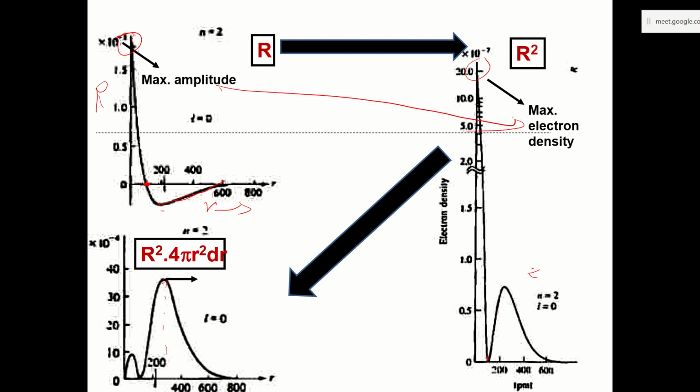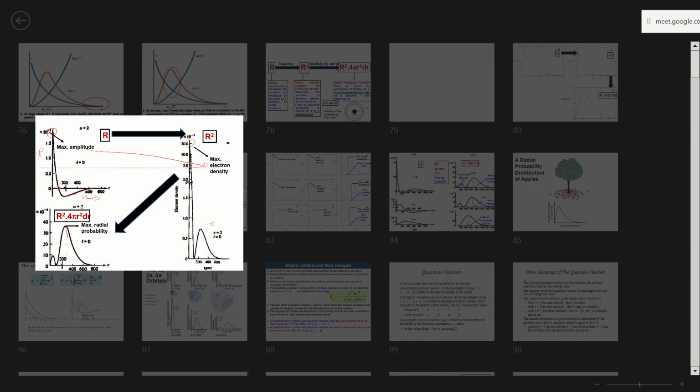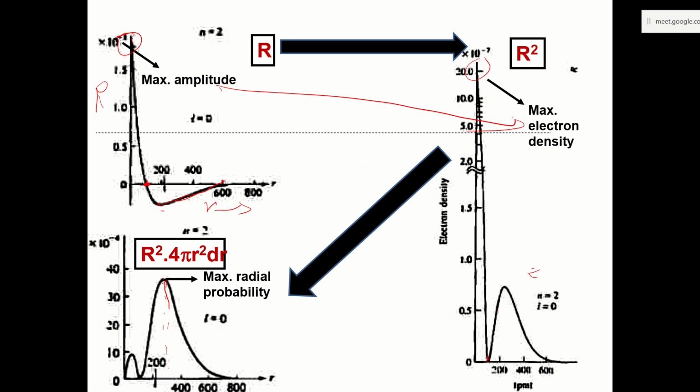Okay, maximum electron density, and then you multiply the two things, you get the maximum radial probability at this point. So this will be called your most probable radius. So we call it, where the probability is maximum, that radius is called the most probable radius.